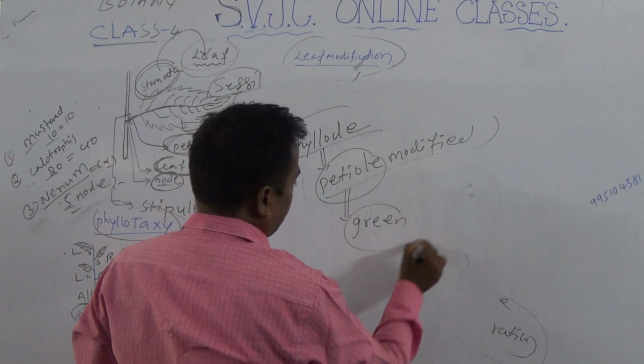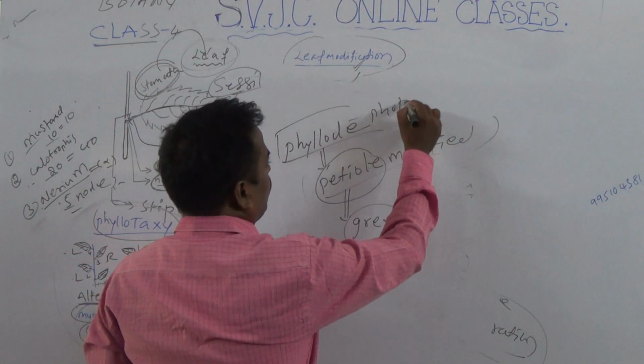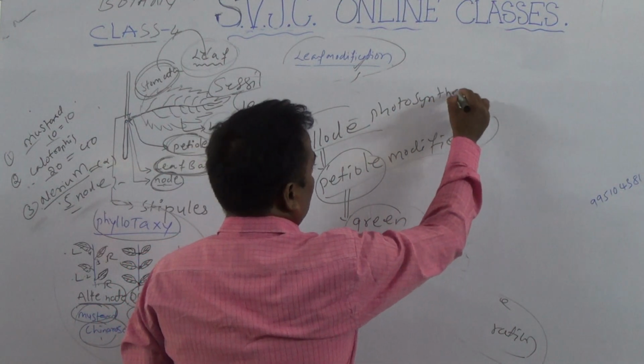Green and flattened structure, that is important. And what is its function? To perform photosynthesis.